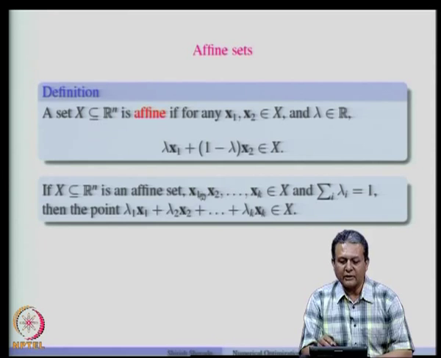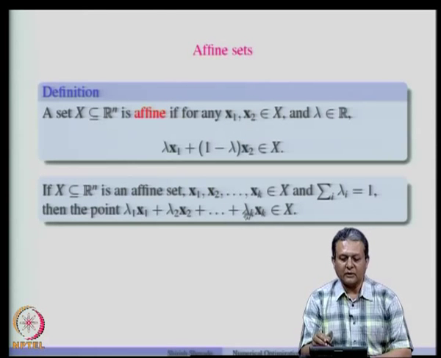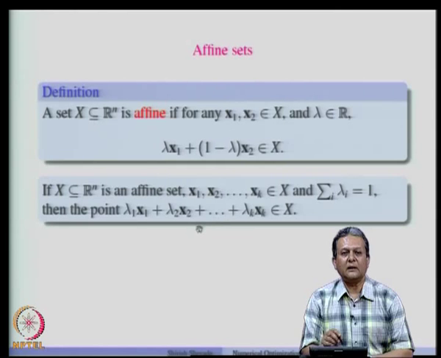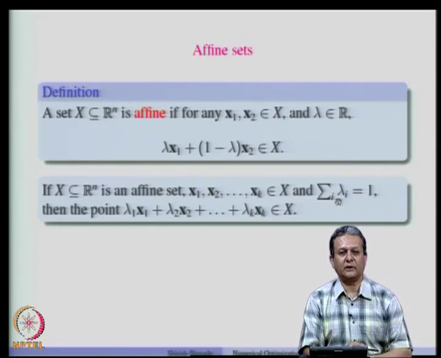There will be a lambda associated with each of these points, but if we choose those lambdas such that the sum of the lambda i equals 1, then if X is an affine set, the sum of lambda i xi, with i going from 1 to k, belongs to the set X. So, this is just an extension of the earlier definition. Remember that when we have an affine set, and we take any set of points from that set, then the sum of lambda i xi belongs to the set if we ensure that the sum of the lambda i is 1.